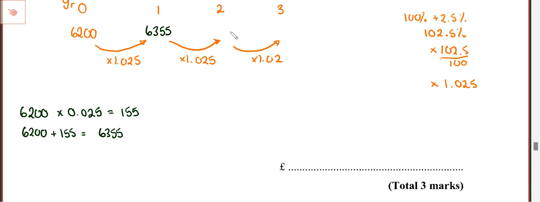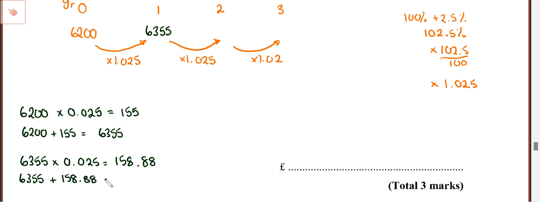What's the next number then? 6,355 times 0.025 is 158.875, so if I do 158.88, and then I do 6,355 plus 158.88, that is 6,513.88.